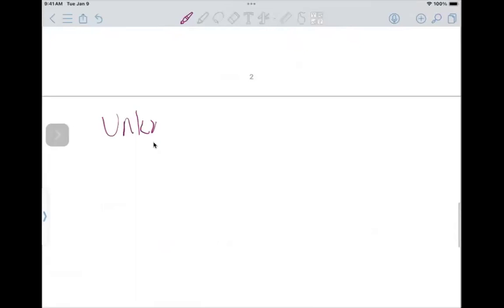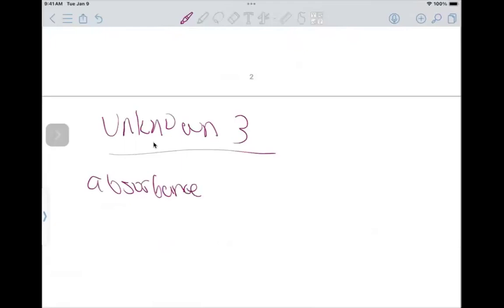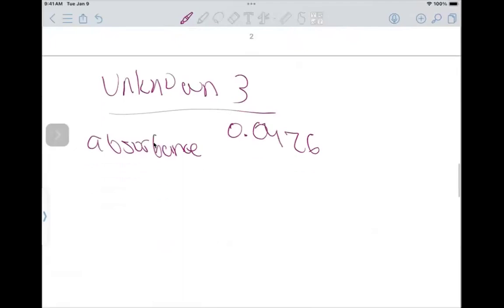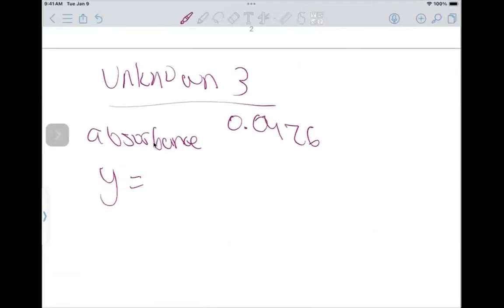Then we have one more unknown, unknown 3, which had an absorbance of 0.0426. So again, we plug it into our line of best fit. I encourage you to pause the video and try to find the concentration of unknown 3.